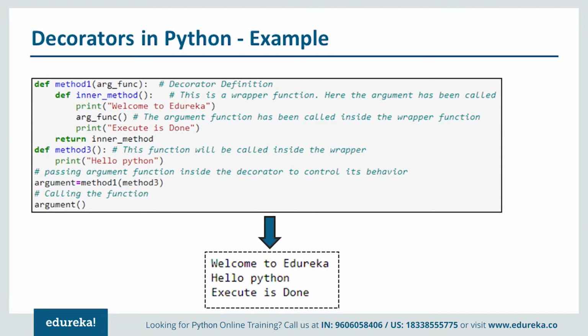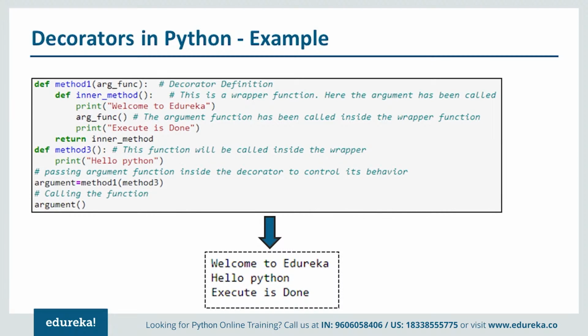So between welcome to Edureka and execute is done, we run a function which is passed as an argument. So you can see that method 1 is being given an argument called function. You can not only give keywords, strings, integers or actual values, you can also pass functions here.